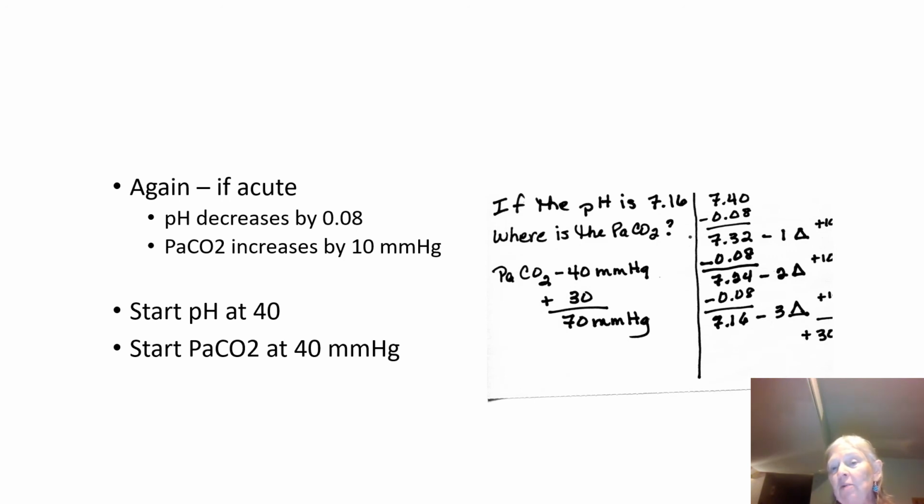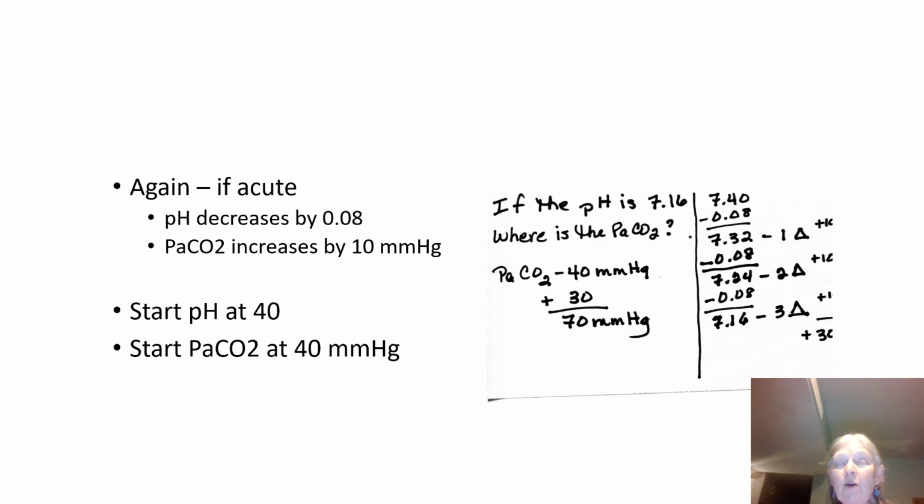Off to the side, we took the 7.40, subtracted the 0.08, came down to 7.32. One change. 7.32 minus 0.08, we have a second change because now we're at 7.24. 7.24 minus 0.08, we're now at 7.16 where the pH is. That's a third change.